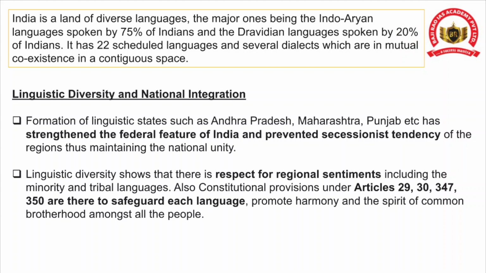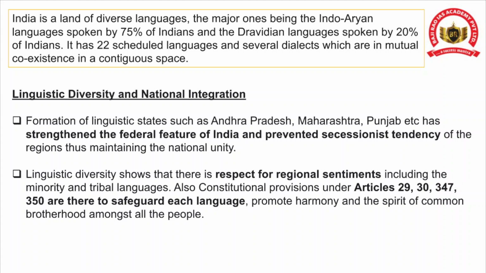So apart from this data, 22 languages are recognized as scheduled languages by the Indian constitution. Apart from the above given data, there are several dialects which are in mutual coexistence in a contiguous space. So India has a rich diversity, and language diversity is one of the cogs in the entire wheel of diversity.